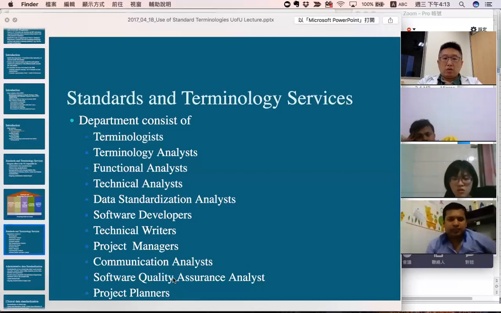So software quality assurance is something you can think about.